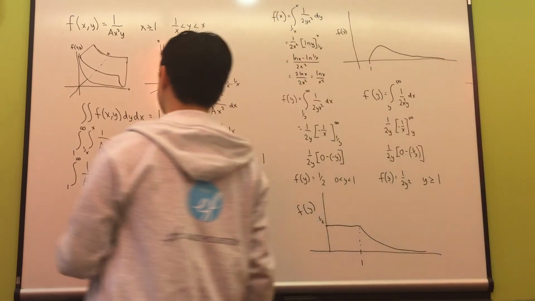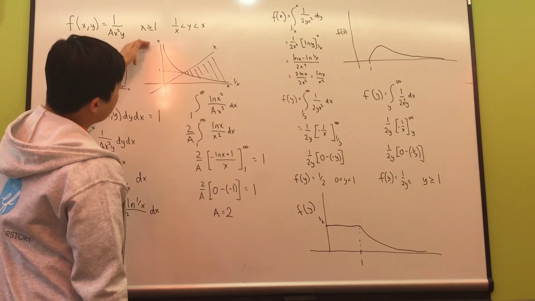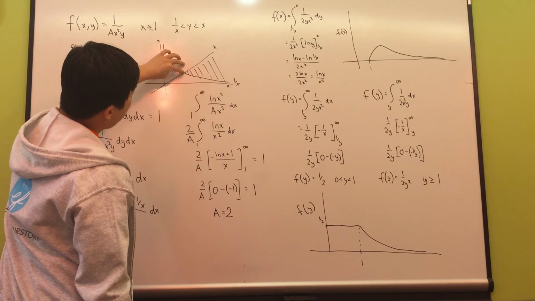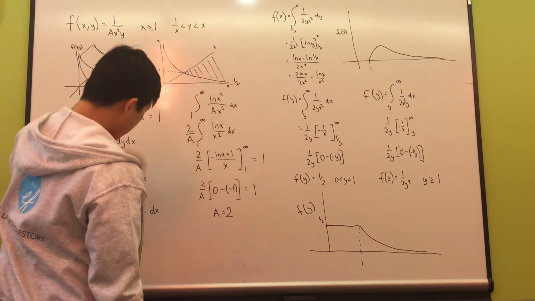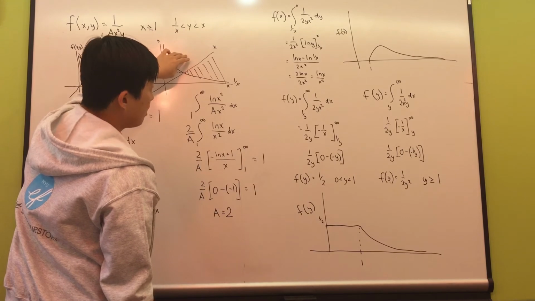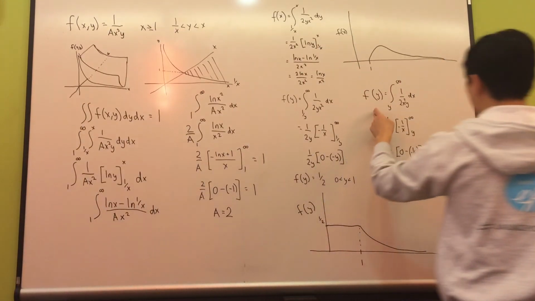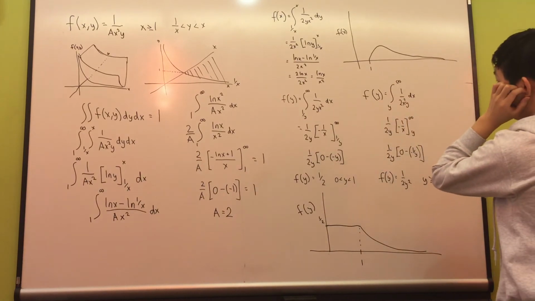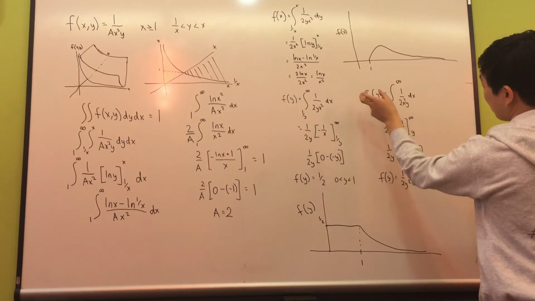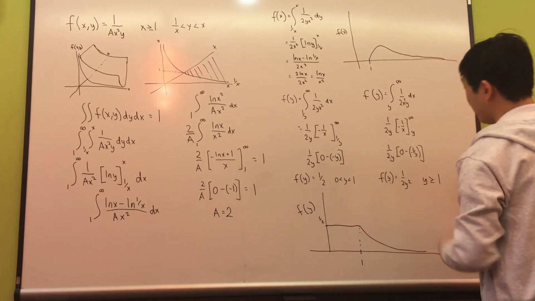And now we have to consider from when y is from 1 to infinity. And when y is from 1 to infinity, we see here we have to take into account to eliminate this line here, which is just y is equal to x. So we have to go from y to infinity. So the next component of f of y will just be the integral from y to infinity of f of x and y dx.